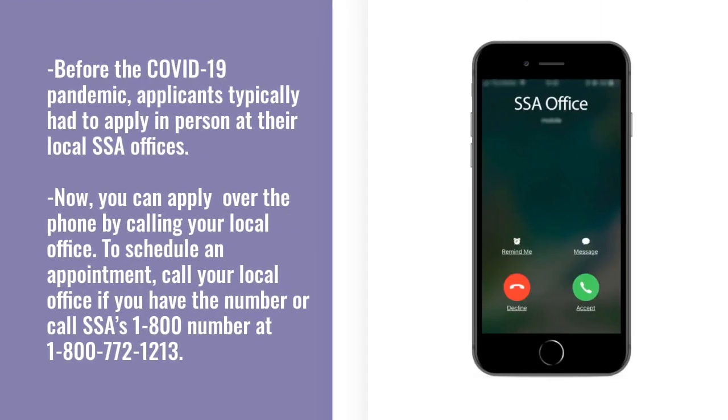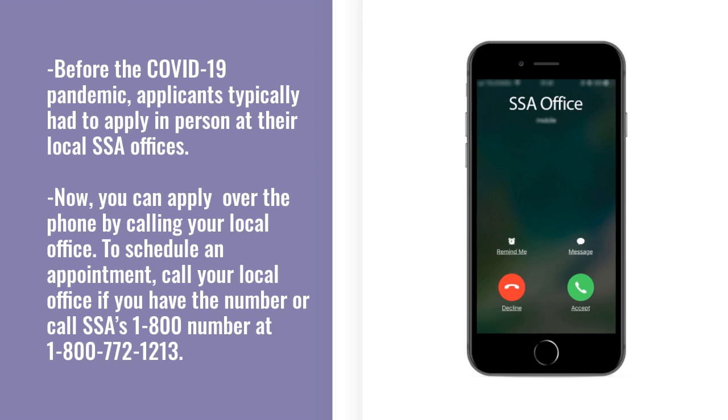Before the pandemic, applicants typically had to apply in person at their local Social Security field offices. Now, you can apply over the phone or in person. To schedule an appointment, call your local office if you have the number or call Social Security's 1-800 number at 1-800-772-1213.